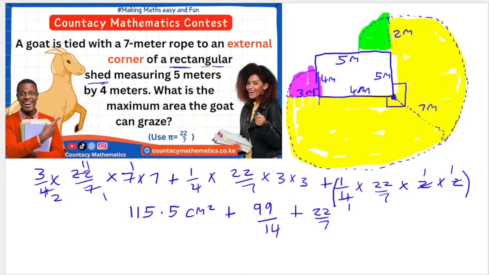And finally, we add all these. 115.5 centimeters squared plus 99 over 14 centimeters squared. We add that one to now 22 over 7. Let's see what we get with that. That's something that we can use our calculators to work out.